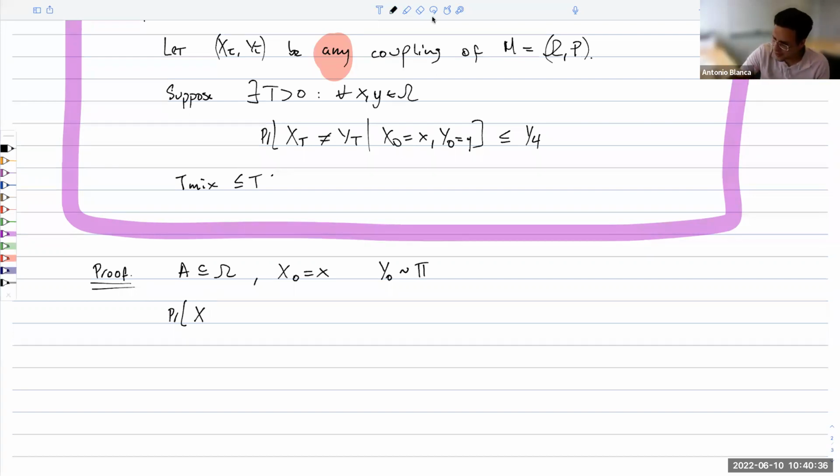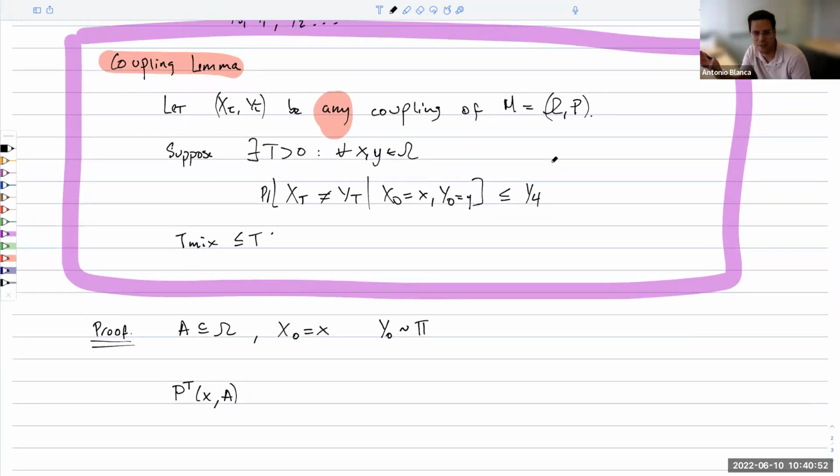Let's look at P^t, the distribution of the chain at time t starting from X, and let's look at the probability that it is in A. Remember, we have to bound the mixing time. This is our assumption; we know that this holds.